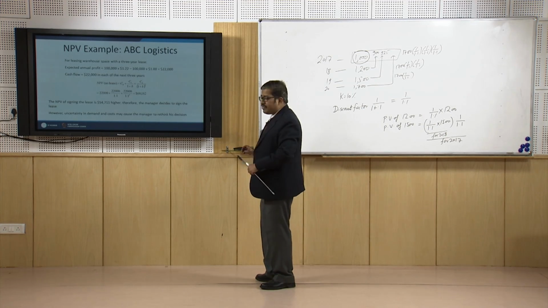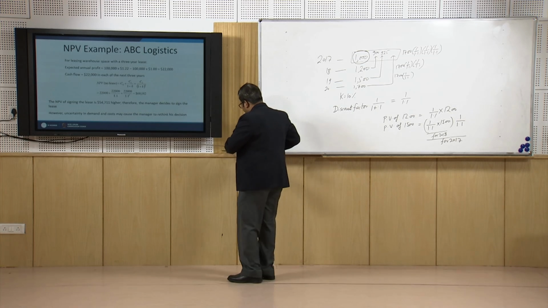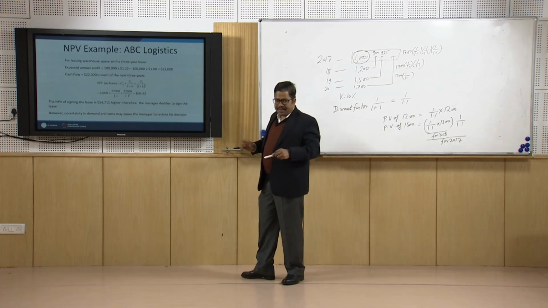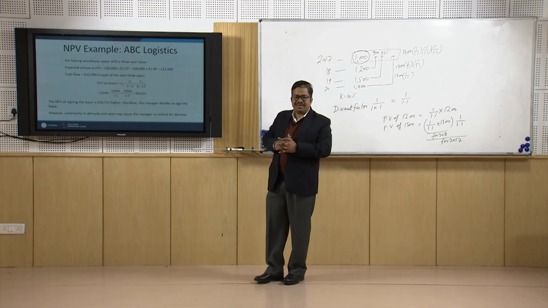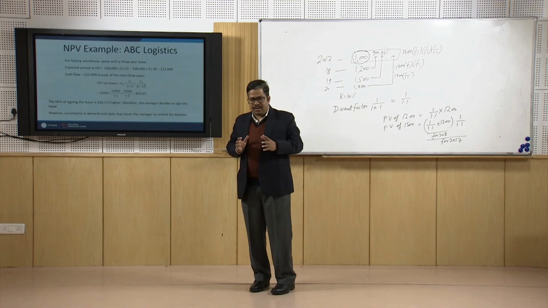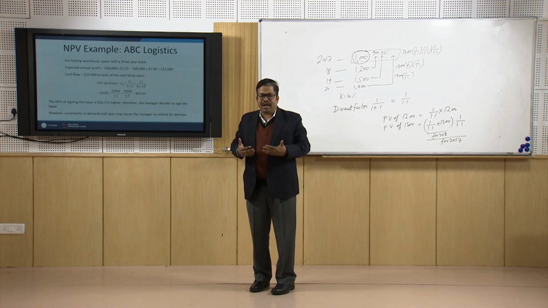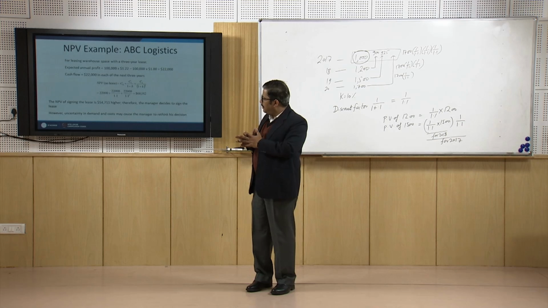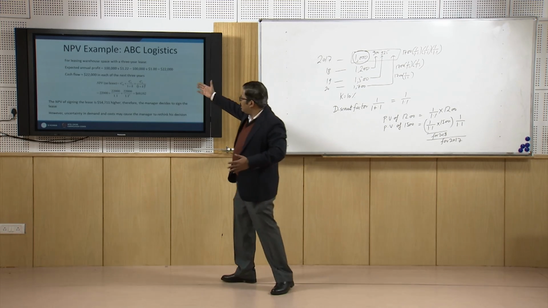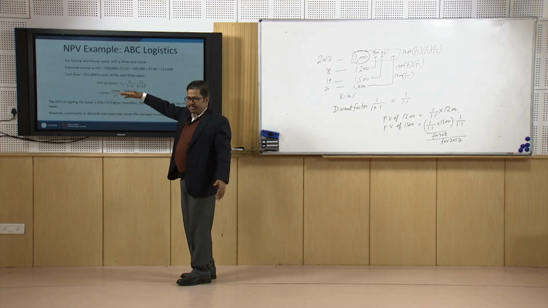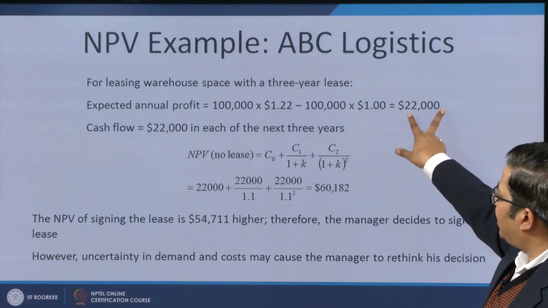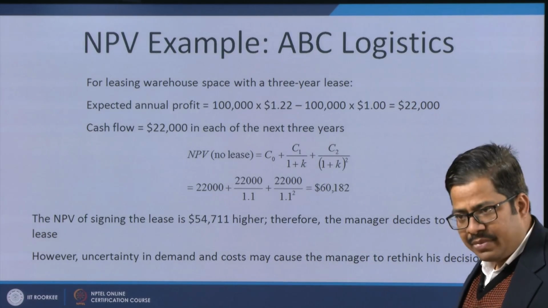But in this question, we have taken some very simple assumptions, and these assumptions will automatically give you an idea that we should go for this kind of lease arrangement, because the cost of lease is less, $1, and in the other case it is $1.2. So your expected annual profit is less.